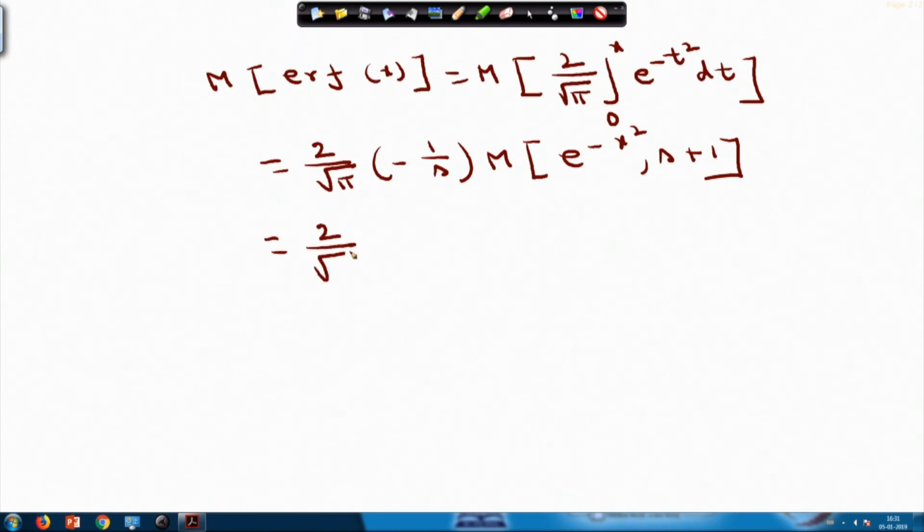This equals 2 by root pi into minus 1 by s into f(s plus 1).